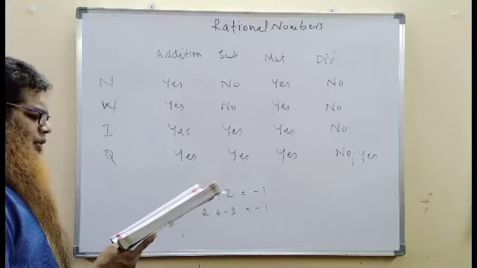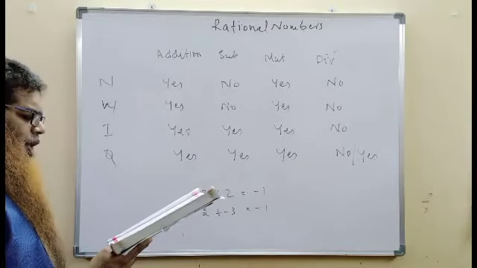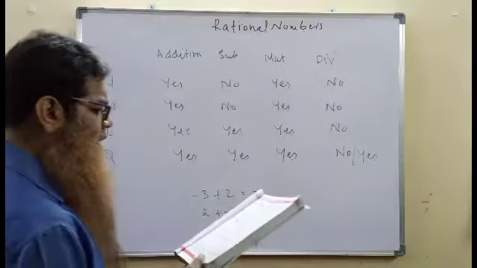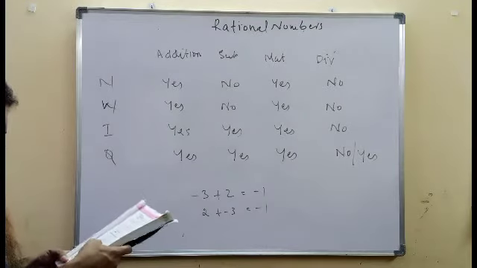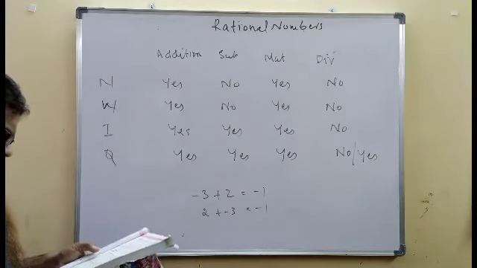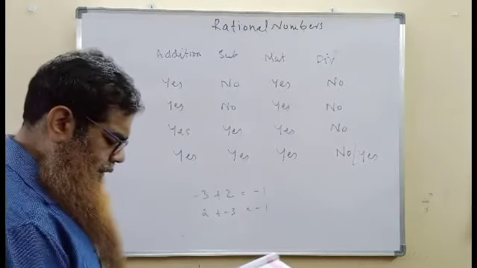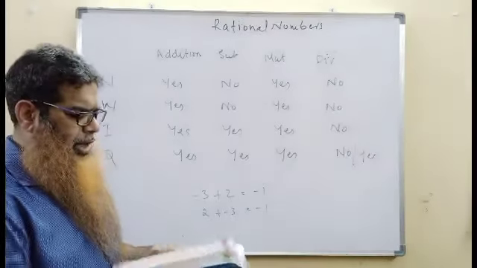And minus 3 by 4 in reverse order plus 5 by 2 is also equal to 7 by 4. Now check this rule for some more pairs of rational numbers. We can say addition in rational numbers is commutative. Therefore, for all elements a, b belonging to Q, a plus b is equal to b plus a.